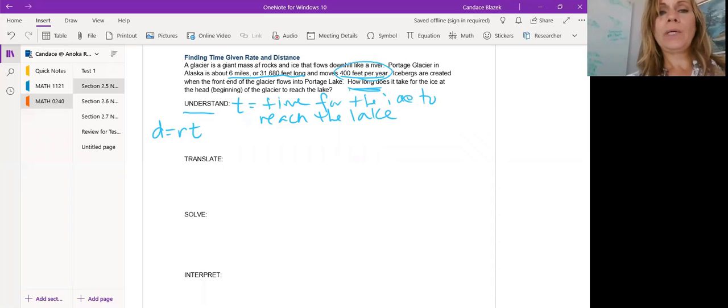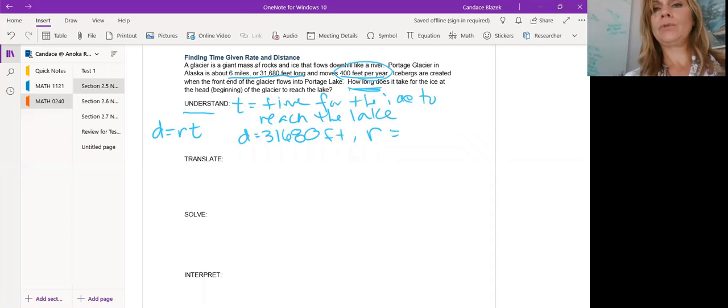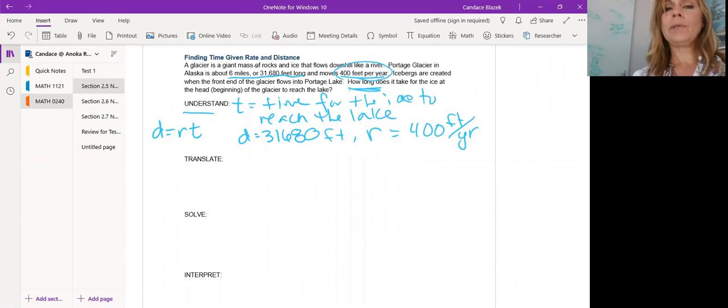So entering, I know that our distance is equal to 31,680 feet. And I know our rate is equal to 400 feet per year. So I'm going to enter this information into my formula.